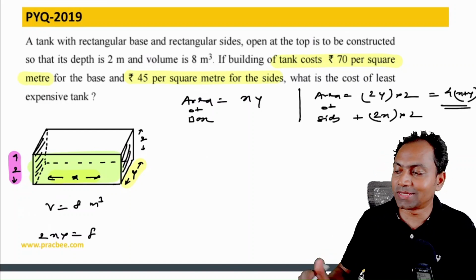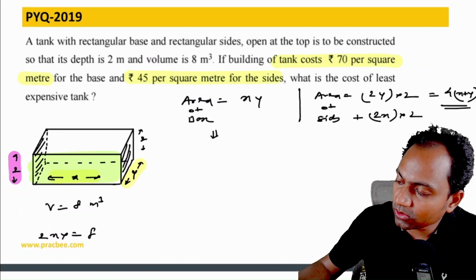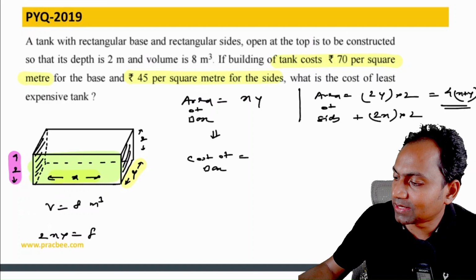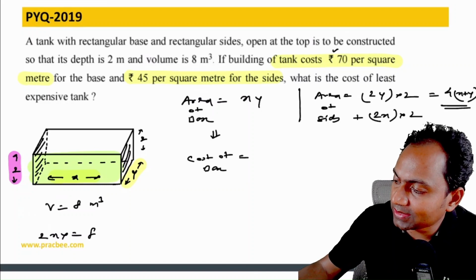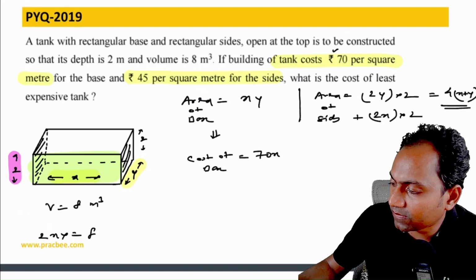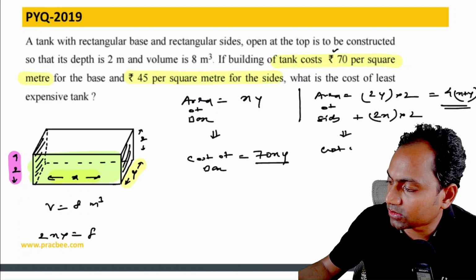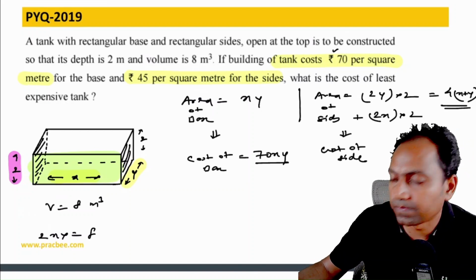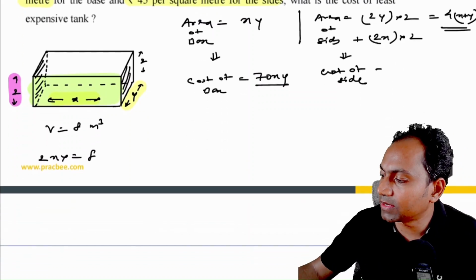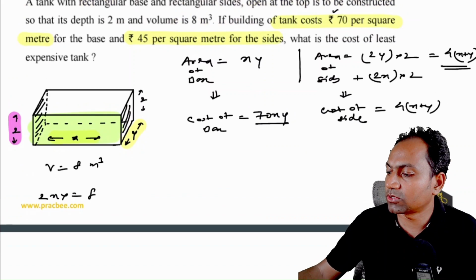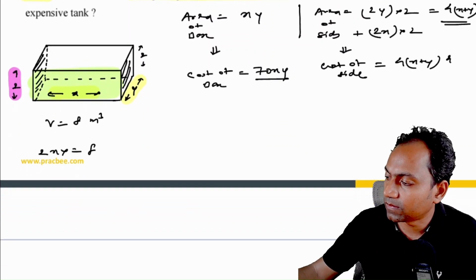Now once you have got this, what will be the cost of base construction? I will have to multiply this 70 with this area, so 70xy. If I want to find the cost of side construction, the area here would be nothing but 4 times x plus y, and the construction cost was nothing but 45.